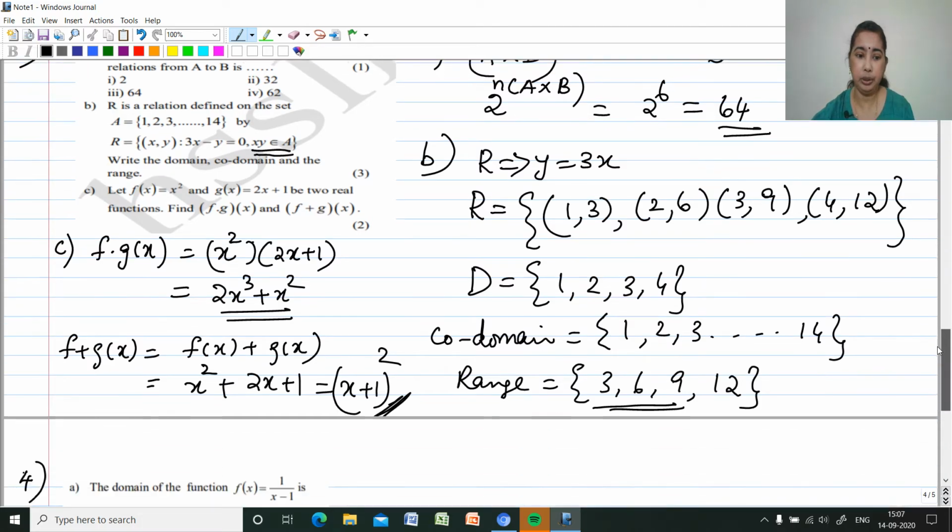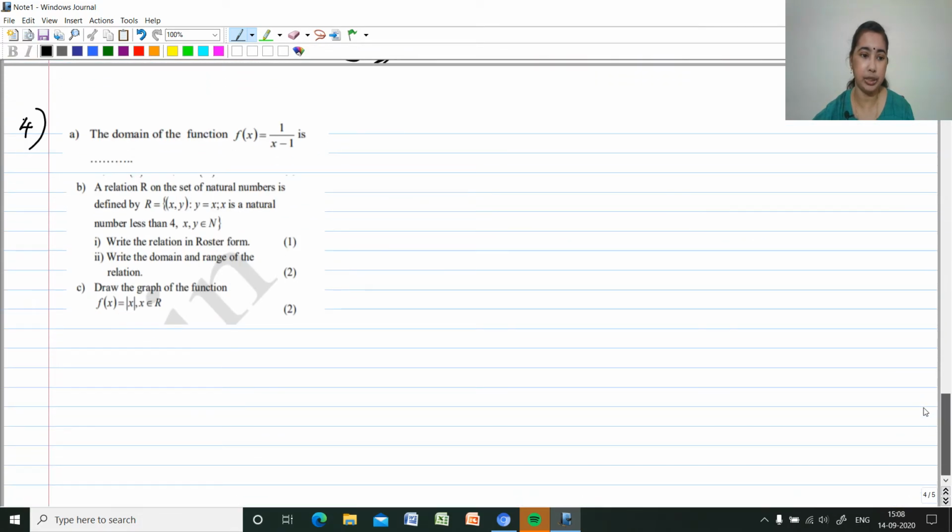Now we will move on to the next one. Fourth question. The domain of the function f of x equal to 1 by x minus 1 is, what is the domain? We can see that this x minus 1 is coming in the denominator. In a fraction, denominator will not be 0. That means x minus 1 cannot be 0.